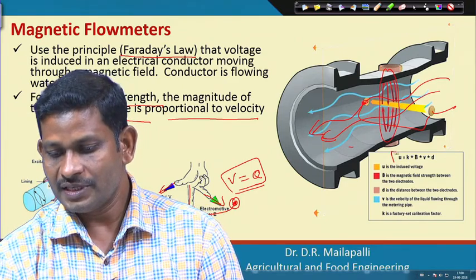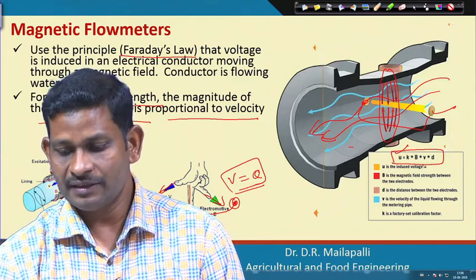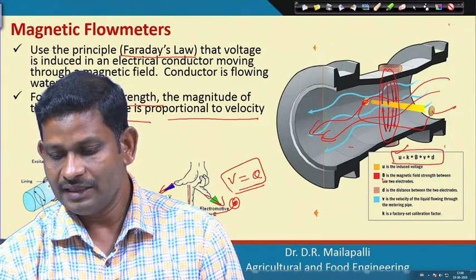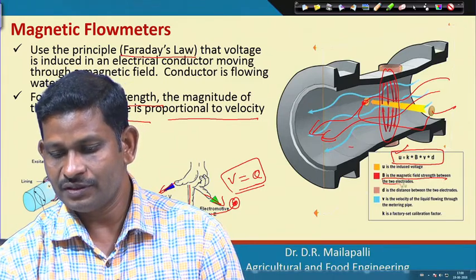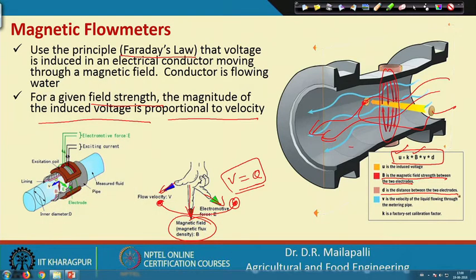So, this is the equation: U, the induced voltage, is estimated by B, the magnetic field strength between the two electrodes, and D, the distance between the two electrodes, and V, the velocity of liquid flowing through the metering pipe, and K, the factory set calibration. Each factory is going to have different readings for different devices.